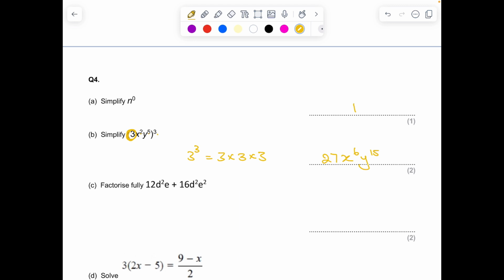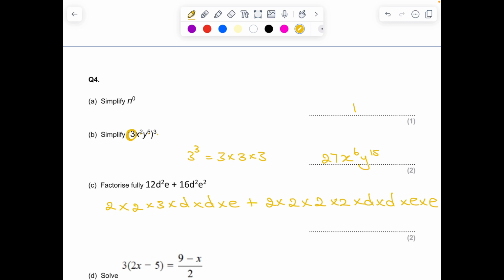Next one, nice and easy, fully factorised. Remember I taught you to write it in your prime factors. So 12, if we split it up, is 2 times 2 times 3 times d times d times e, plus 16 is 2 times 2 times 2 times 2 times d times d times e times e, lots and lots there.